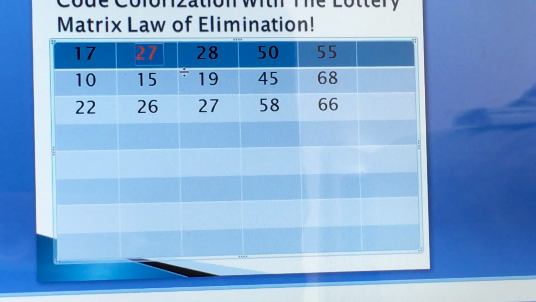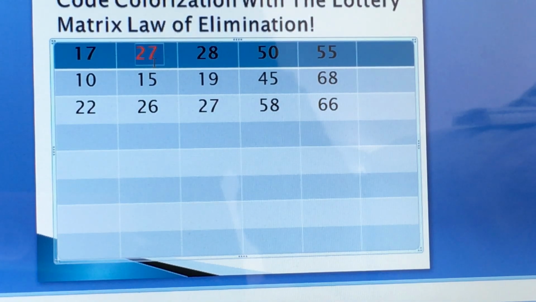The less red you have, the less chance of you not eliminating any winning numbers. That means you have more chance of eliminating winning numbers that are going to be drawn. So for the first set of numbers, you have 17, 27, 28, 50, and 55. So I see one red number from the previous draw.